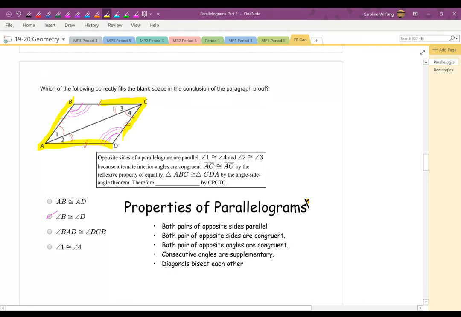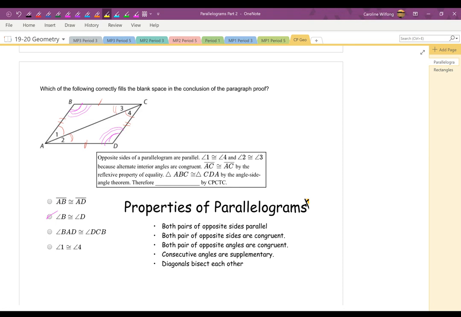Because these angles are actually taking part in both triangles, so part of angle BAD is in the top triangle and the other part of it is in the bottom triangle, as the same situation is also true with angle DCB. These angles would not be congruent because of CPCTC. They're congruent simply because of the fact that it is a parallelogram that we're looking at. So that does not meet the criteria for CPCTC, so we won't choose that one.